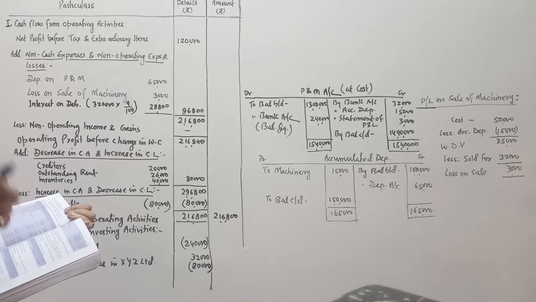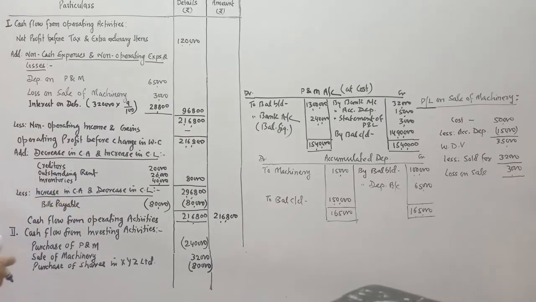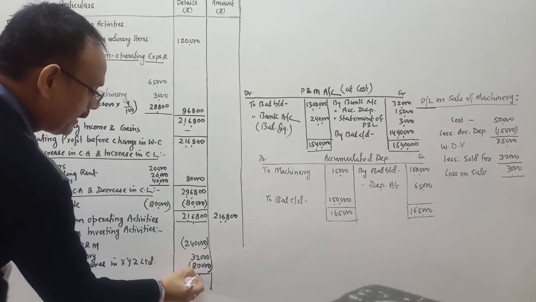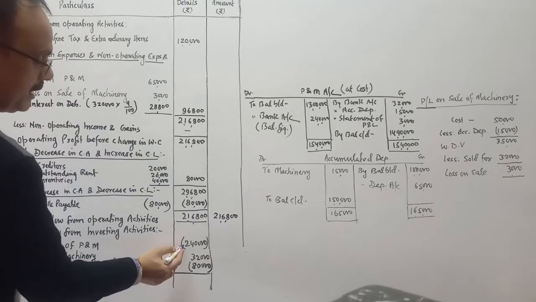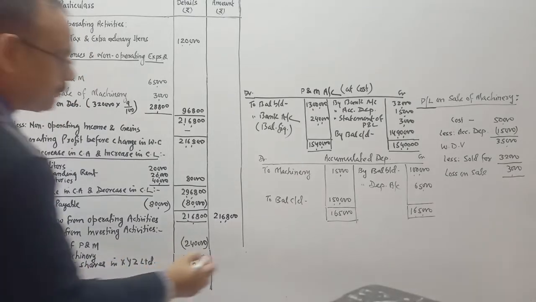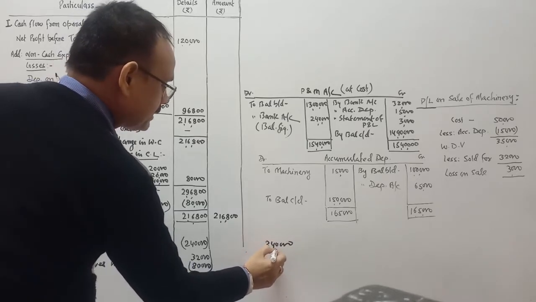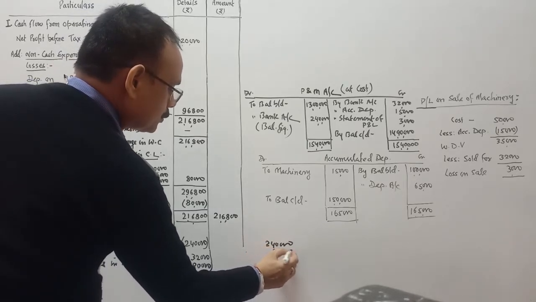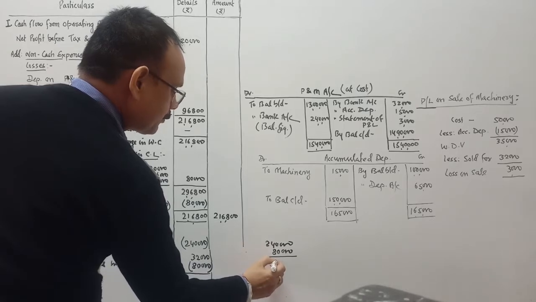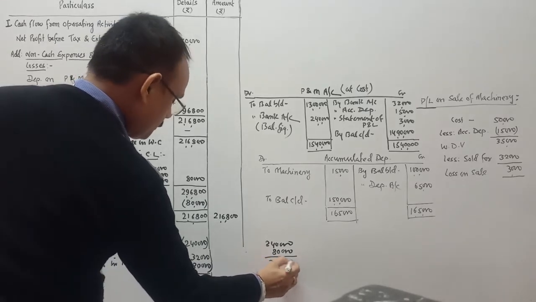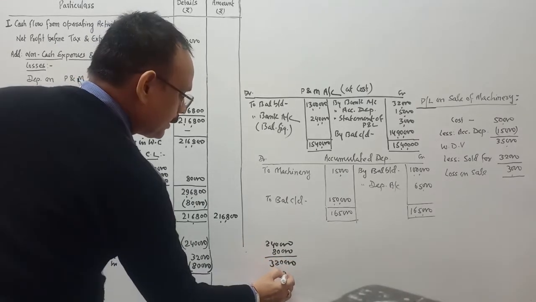This indicates the purchase of shares. So the outflow is 2,40,000 plus 80,000, total outflow 3,20,000, and the inflow is 32,000.